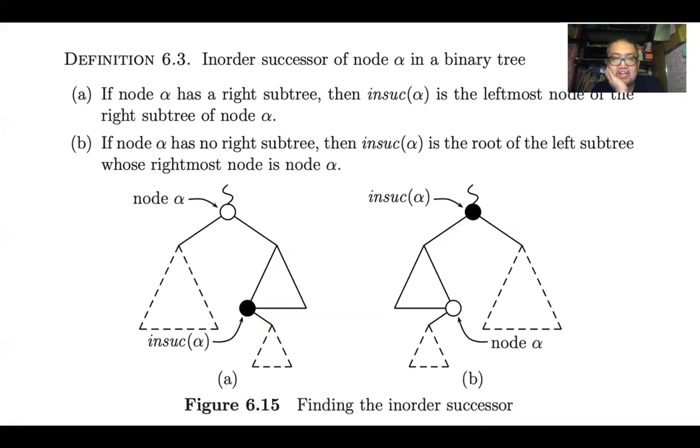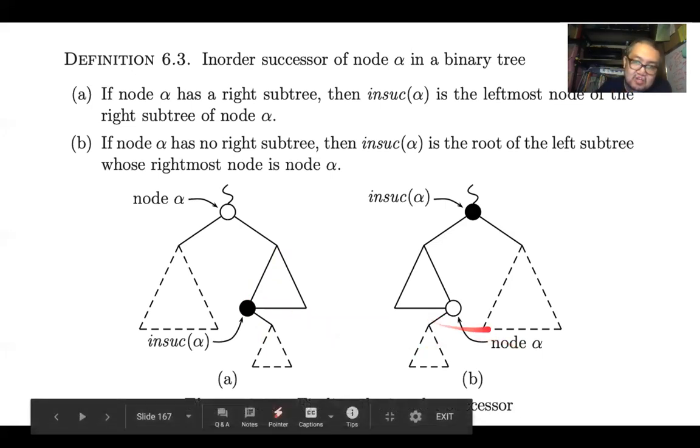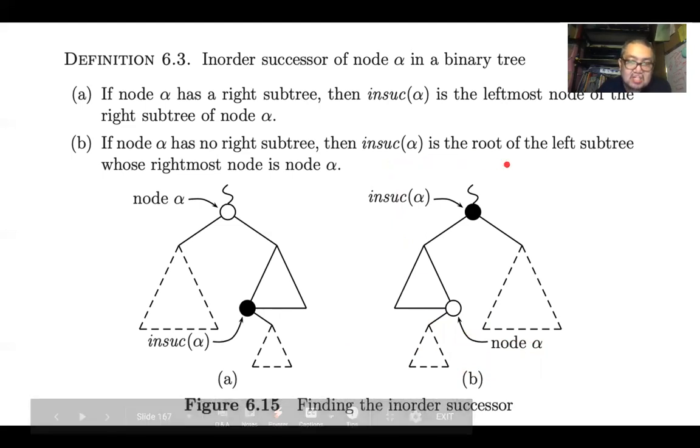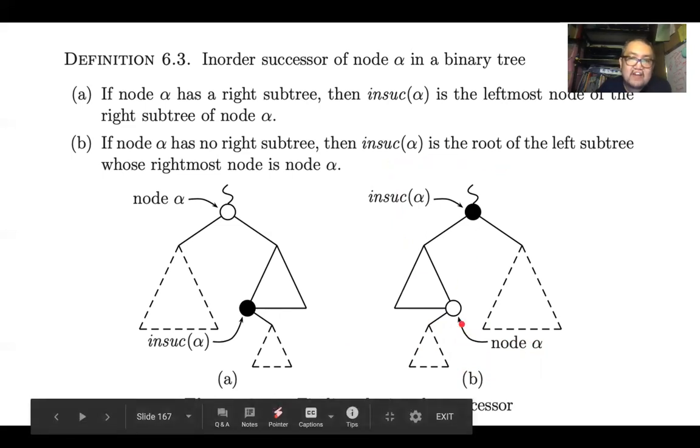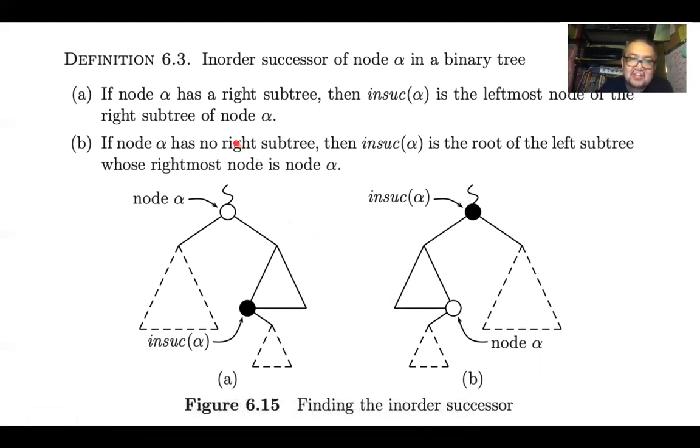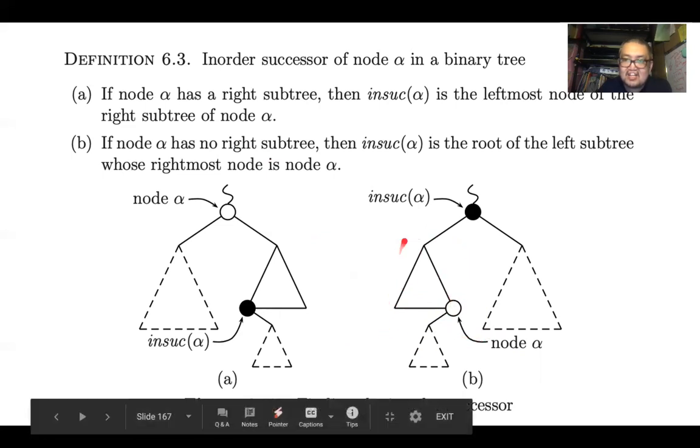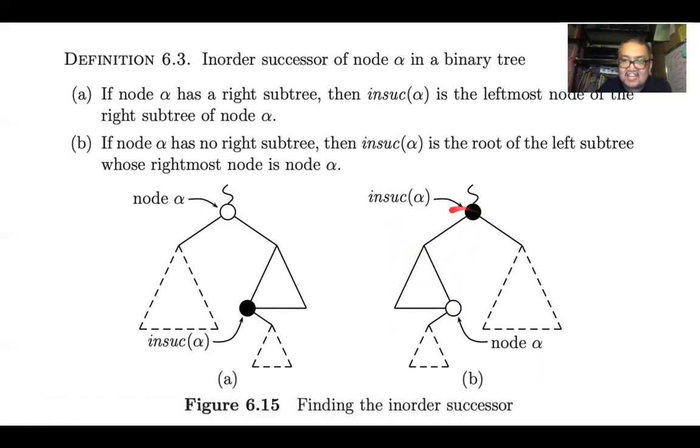If alpha has no right sub-tree, here, then the in-order successor is the root of the left sub-tree whose rightmost node is alpha. So we look at this definition in reverse. So this is alpha. This is the tree where alpha is the rightmost node and it is a left sub-tree.